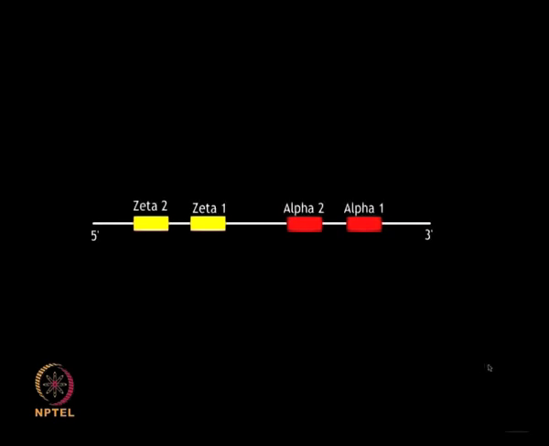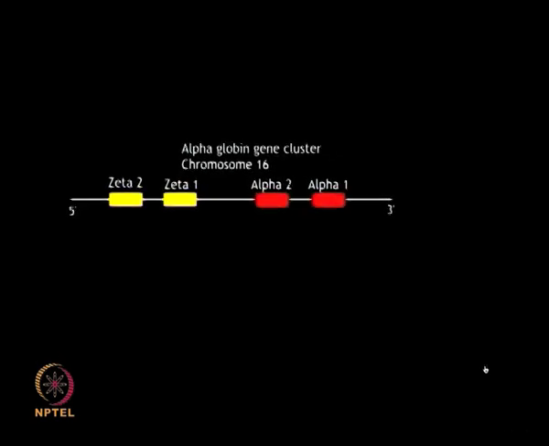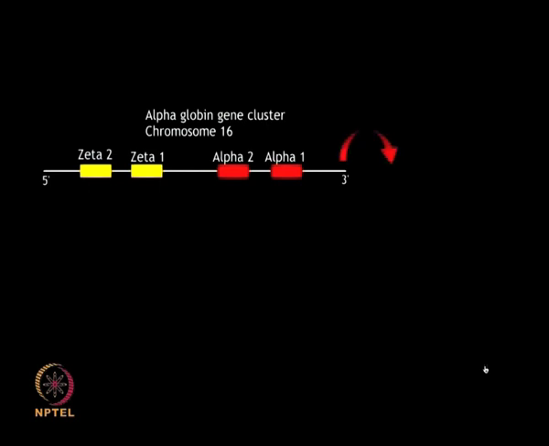Hemoglobin is a heterotetramer composed of 2 alpha and 2 beta chains. The alpha globin gene locus resides on chromosome 16, with each gene contributing to the synthesis of the alpha globin chain.